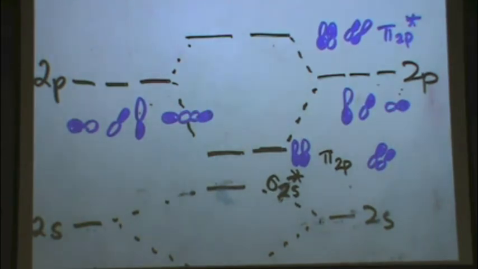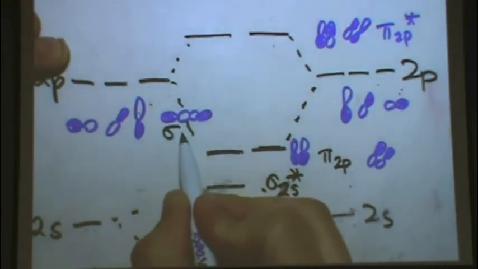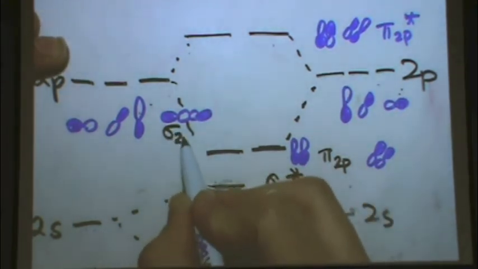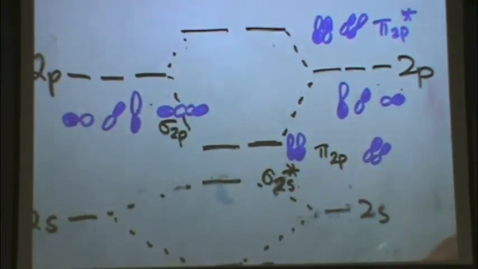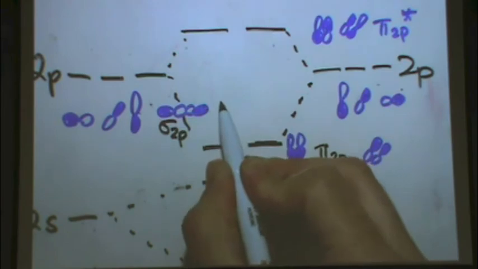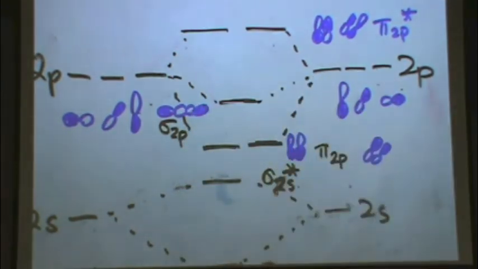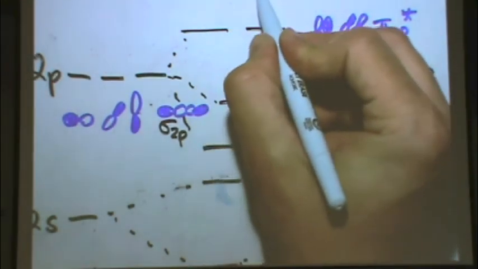That one's a sigma. What's the subscript? 2p, because it came from a 2p. It's different than the 2s and the 1s. And so there's only one like that. There's the bonding interaction. And the anti-bonding would be up here.